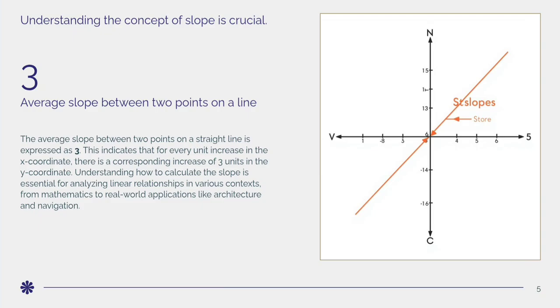This indicates that for every unit increase in the x coordinate, there is a corresponding increase of 3 units in the y coordinate. Understanding how to calculate the slope is essential for analyzing linear relationships in various contexts, from mathematics to real world applications like architecture and navigation.